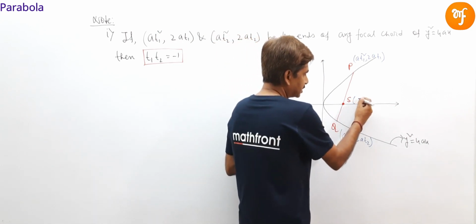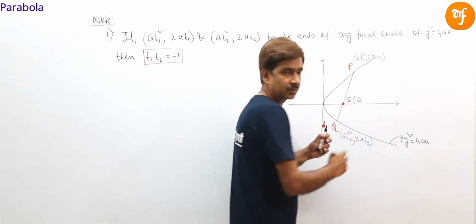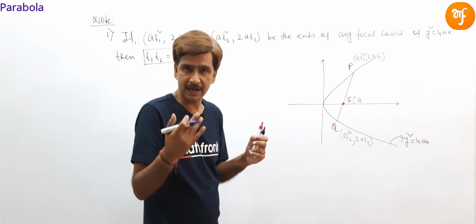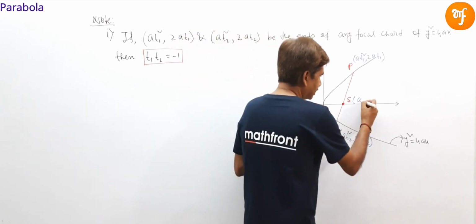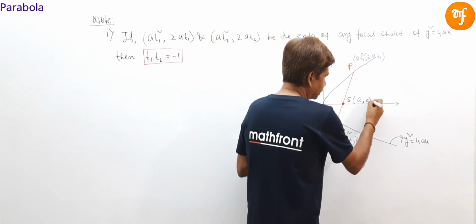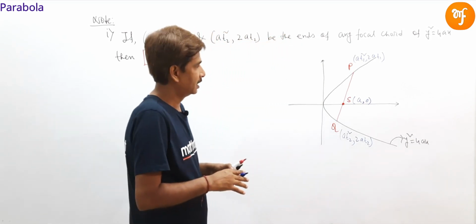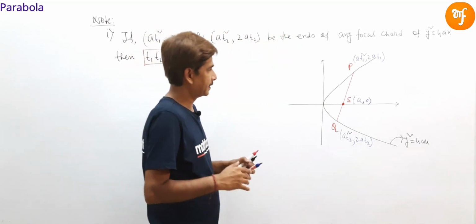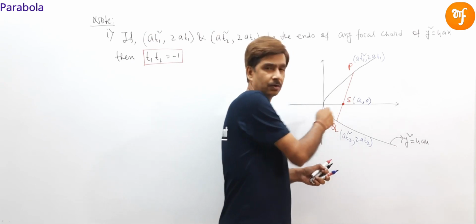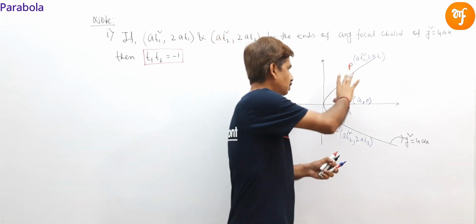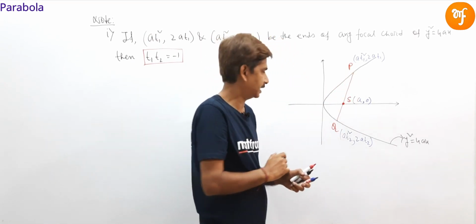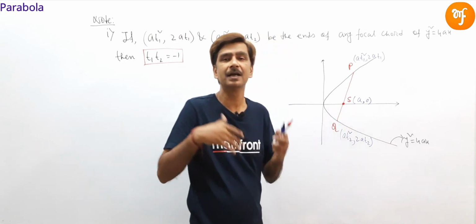It is clear to us the focus of the parabola y² = 4x has coordinates (a, 0). So we are writing it as (a, 0). Okay. Now look, PQ is the focal chord. Now the slope of PS and the slope of SQ are equal.